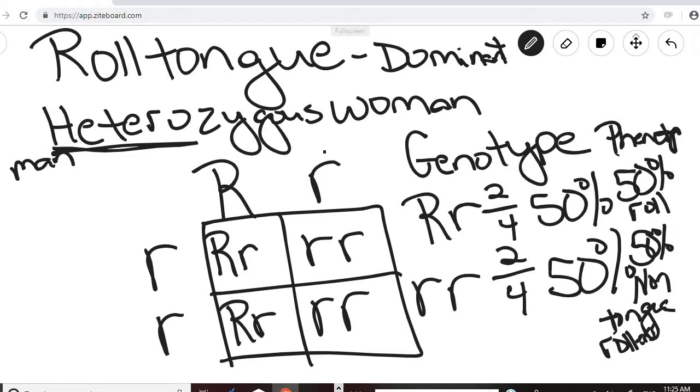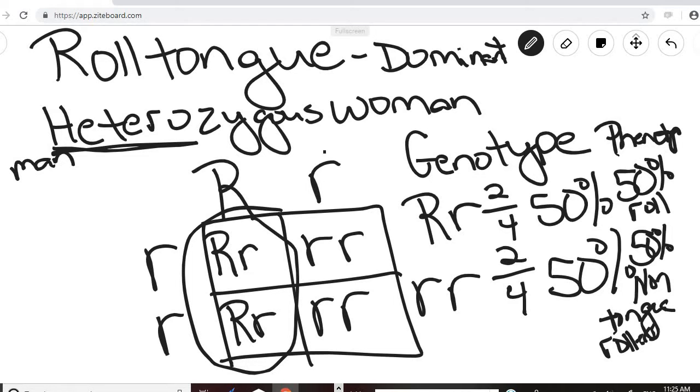No, because these are probabilities, and this gets repeated every time they have a child. So if they have 4 children, it's entirely possible that all 4 would be that.